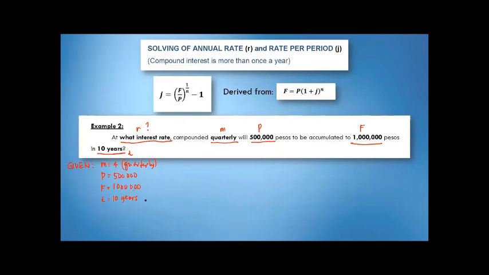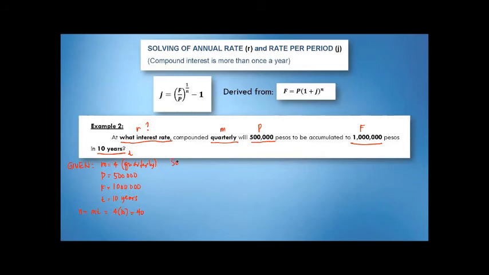Now, ilagay na rin natin dito yung value ng n kasi kailangan natin siya sa formula. So, n is equals to m times t, which is 4 times 10. So, the answer for n is 40. Meron na tayong f, p, at n.